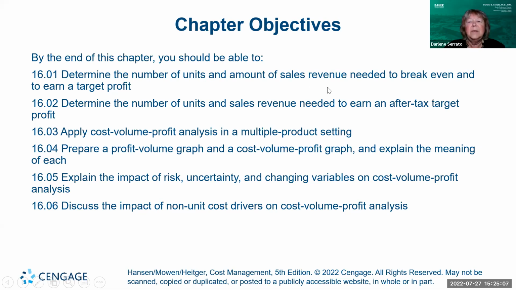We're going to define that in a minute. How many units or sales dollars are needed to earn a specific profit. We will not be doing problems with multi-product setting. We will be looking at the graph, a CVP graph, and how changing the variables affect the CVP analysis.